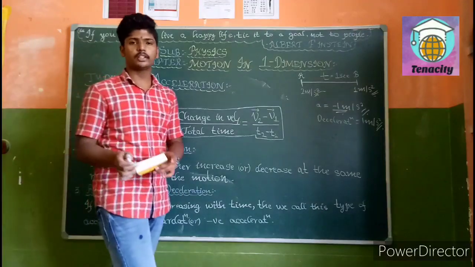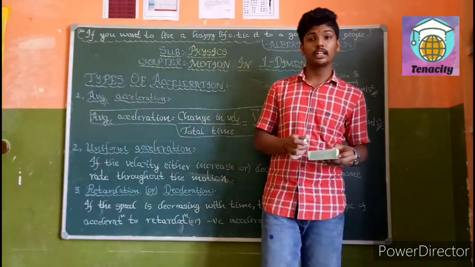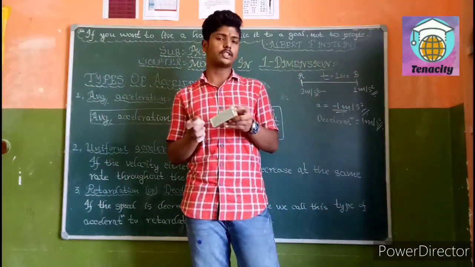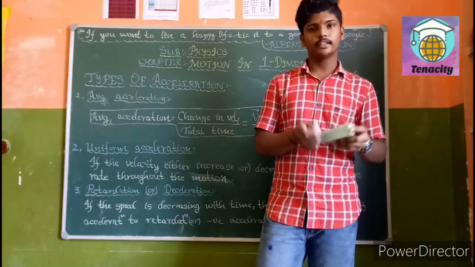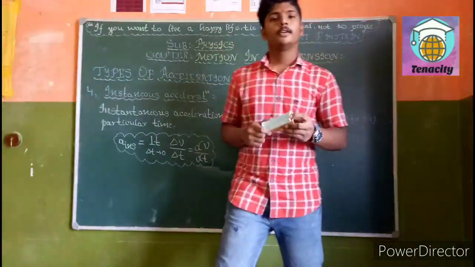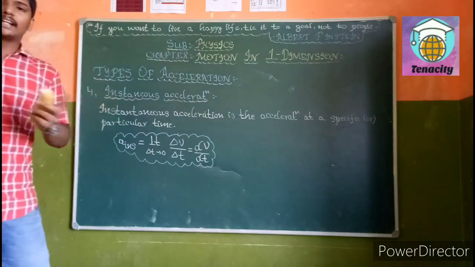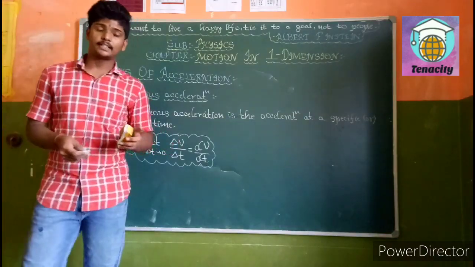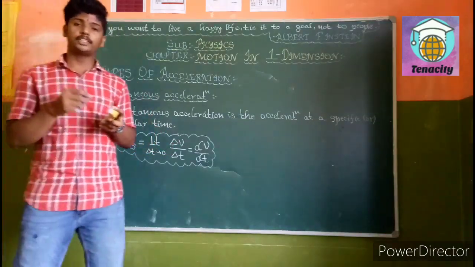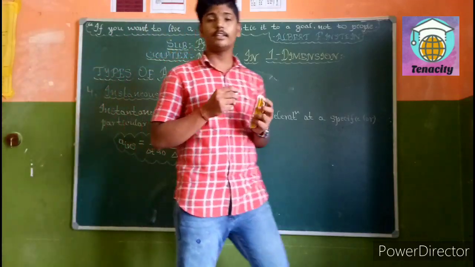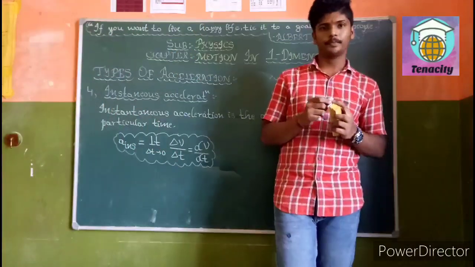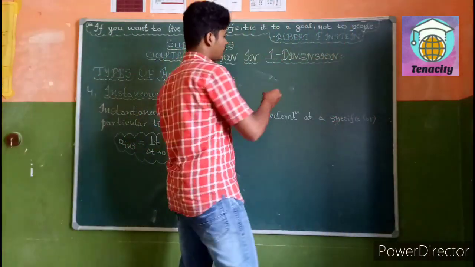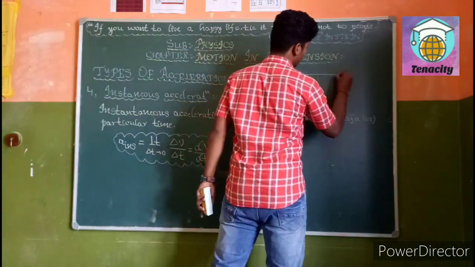Let us discuss the fourth type of acceleration, that is instantaneous acceleration, which is very important. Instantaneous acceleration is defined as the acceleration at a specific or particular instant of time. Suppose you consider a one-dimensional journey.